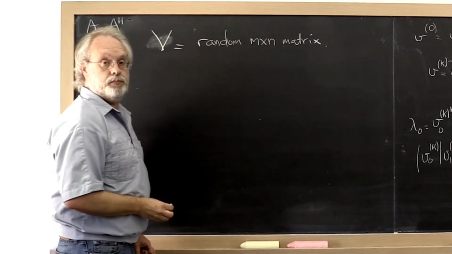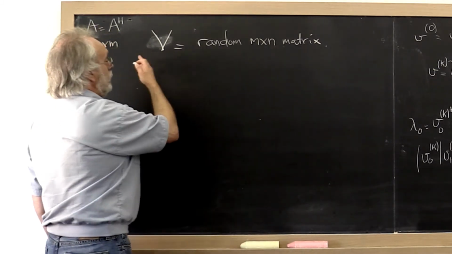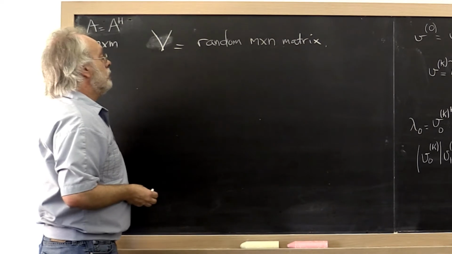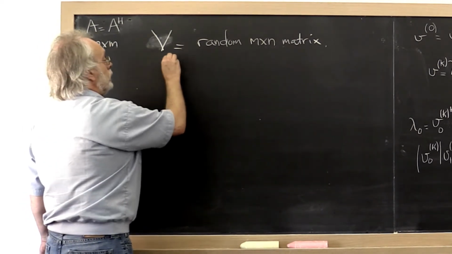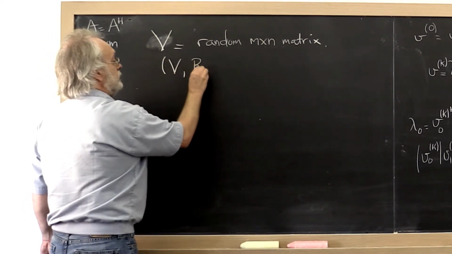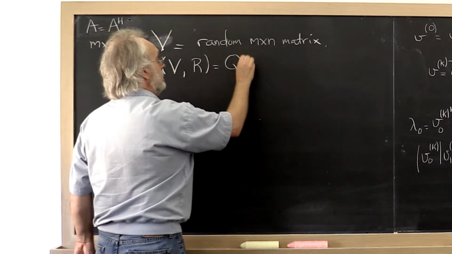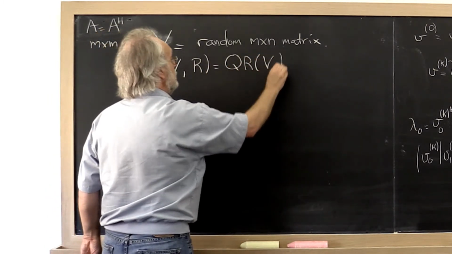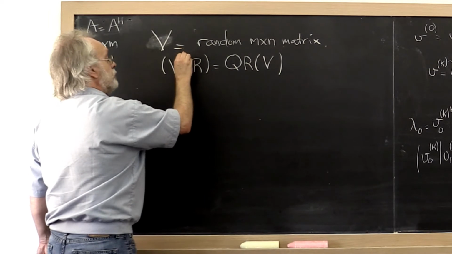We want to make these columns mutually orthonormal, so we will compute the QR factorization of this, and we will call this our first iterate.